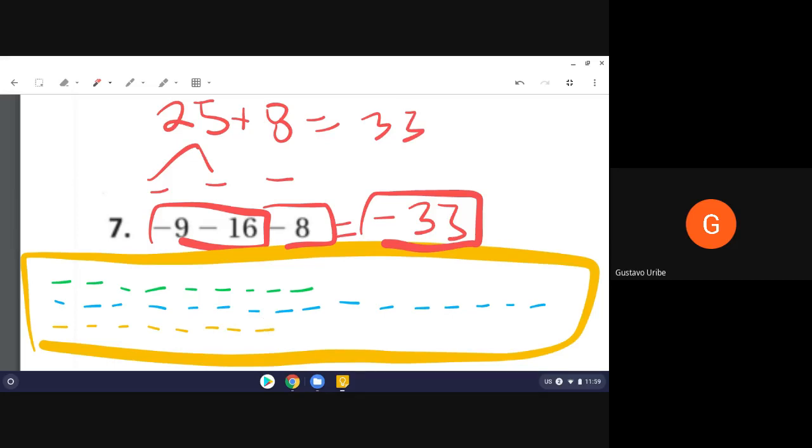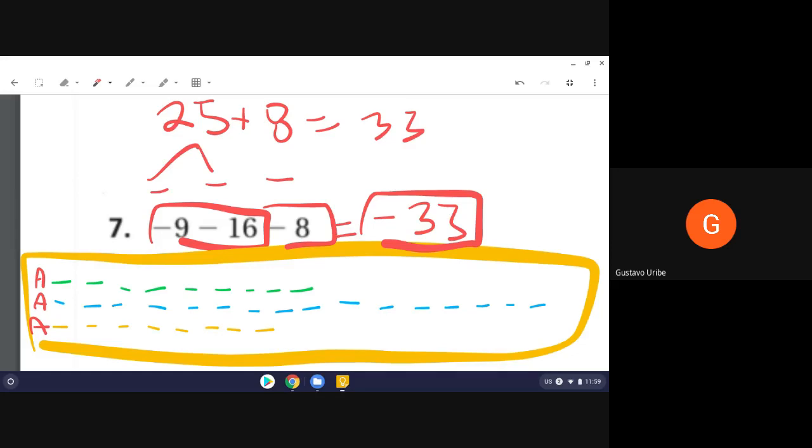33 negatives. Again, if negatives don't make sense, you could just say these are 9 apples because it's all the same sign. This is still the same sign, so this would be apples. If one of these was positive, you could say instead of apples, it could be bananas or something. It doesn't matter, but these were all the same sign.